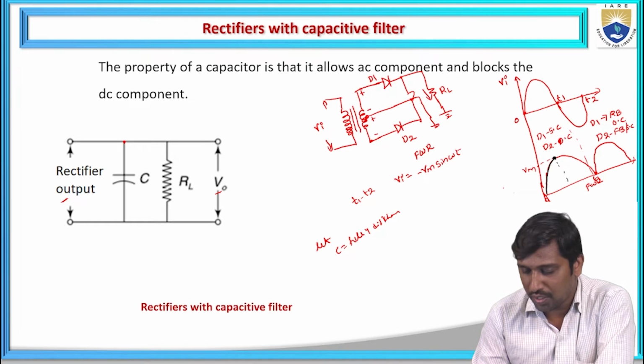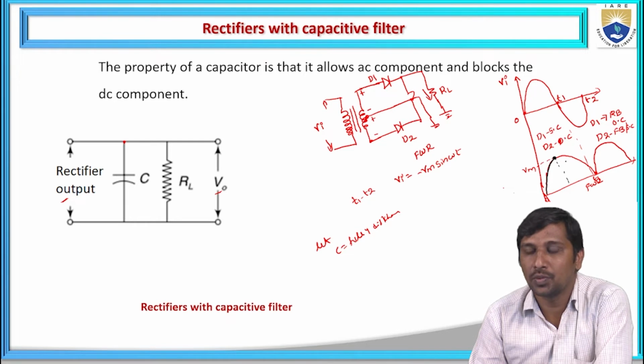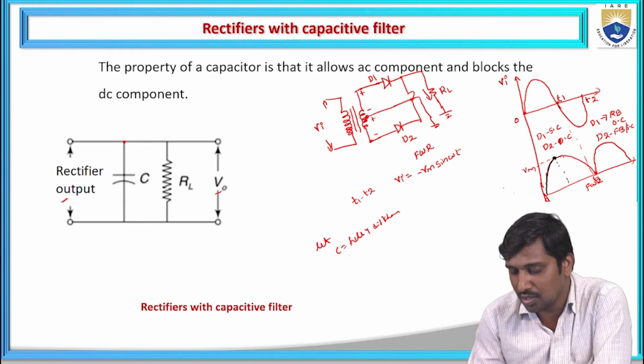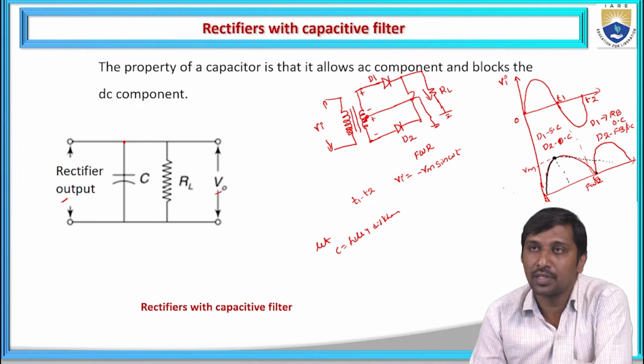At this point you can observe that your input voltage is decaying towards the minimum voltage, and the capacitor is now slowly discharging through this path. While discharging through this path, again we are applying the input, which suddenly changes from 0 to Vm.